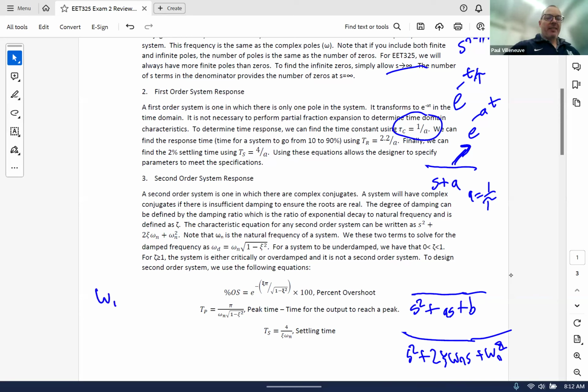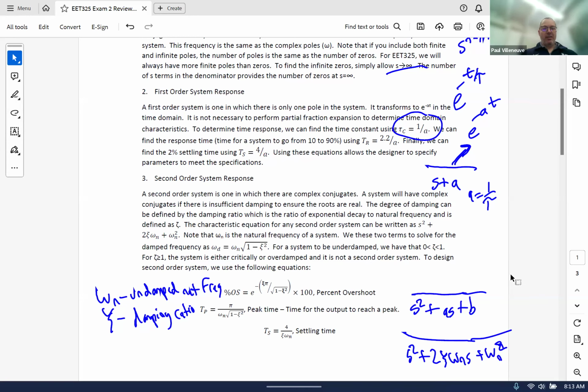My omega sub n is the undamped frequency. My zeta is a damping ratio. And once I have that, now I can go ahead and define or specify what the categories are.